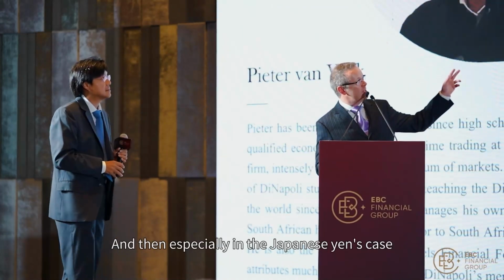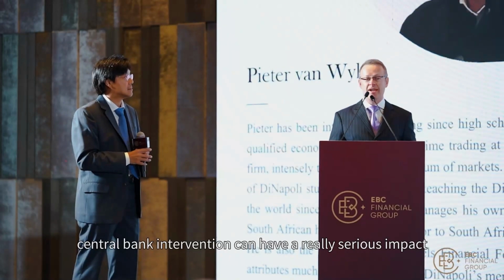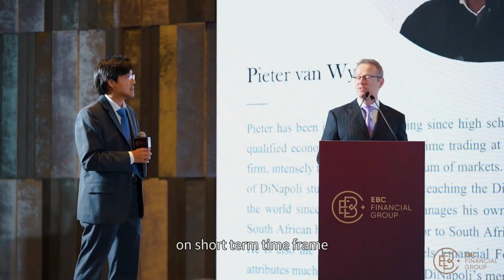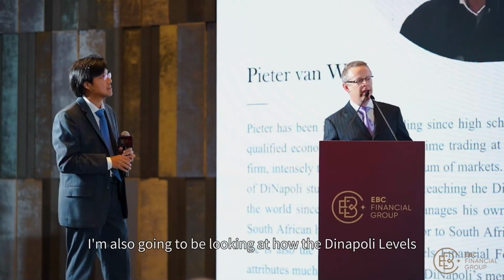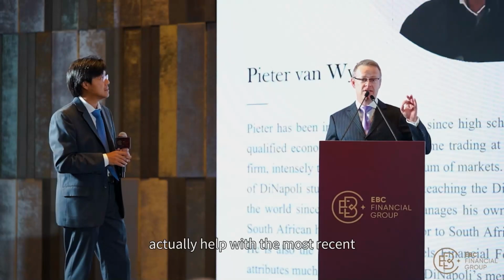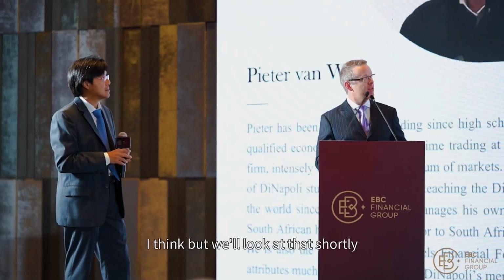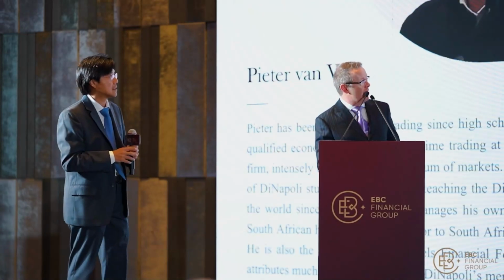And then, especially in the Japanese yen's case, central bank intervention can have a really serious impact on short-term time frames. I'm also going to be looking at how the DiNapoli levels actually help with the most recent central bank intervention, which happened a year ago, I think, but we'll look at that shortly.